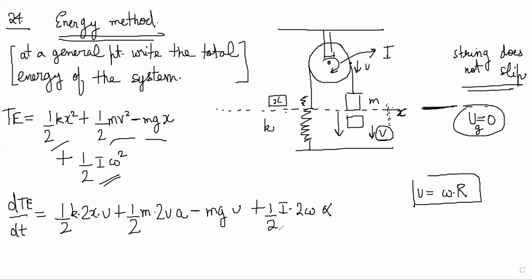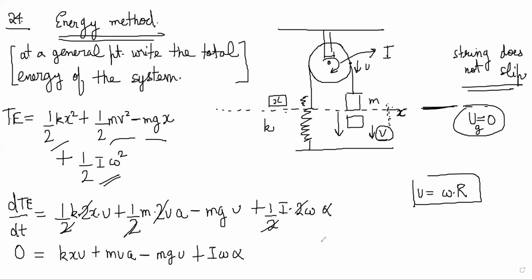The constant part is supposed to be 0. So you get some simplifications. You get kxv plus mva minus mgv plus I omega alpha.